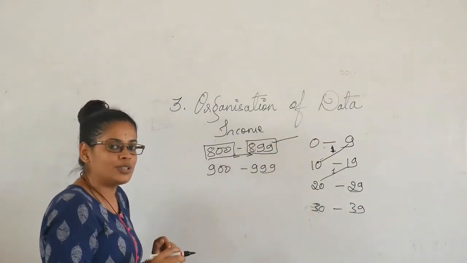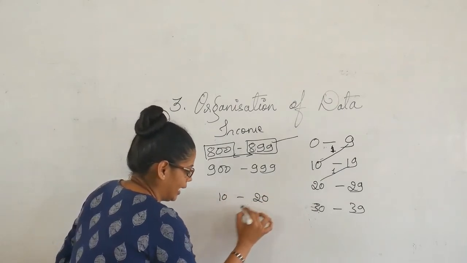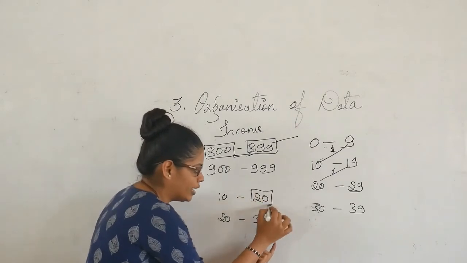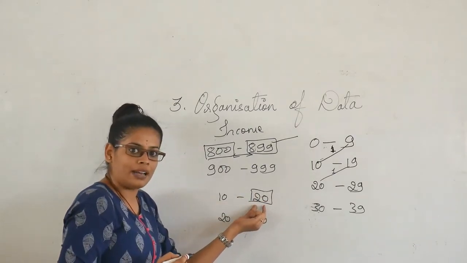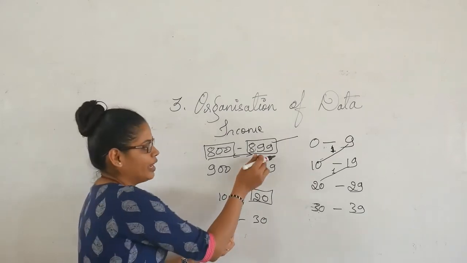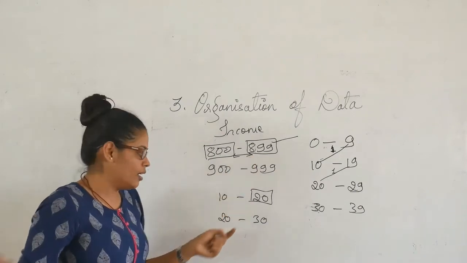In the exclusive method, what we had done is 10 to 20 and 20 to 30. We had not included this 20, which is the upper limit. But in this class we have included this 20. Have we done that here? No, right? Why?